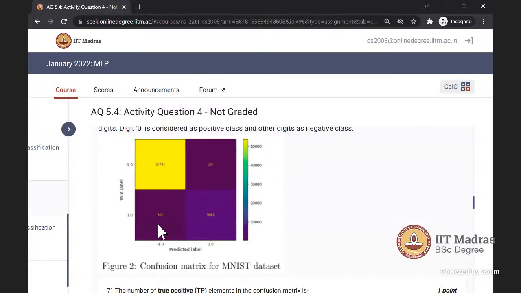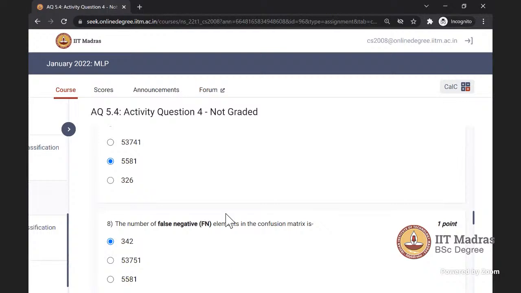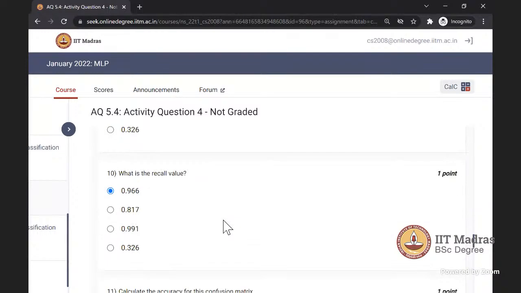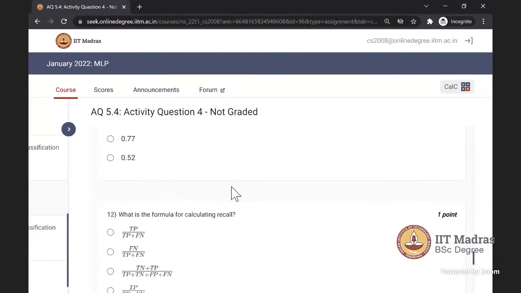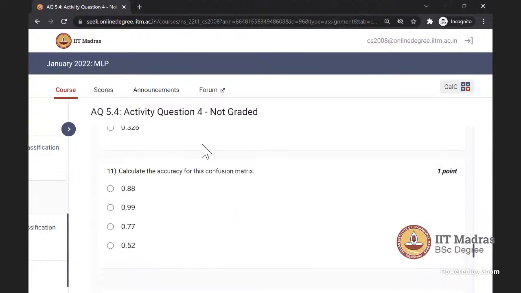No, the false negative is 342. After computing the recall value, compute the accuracy also.